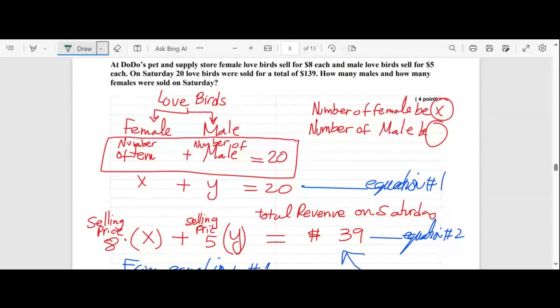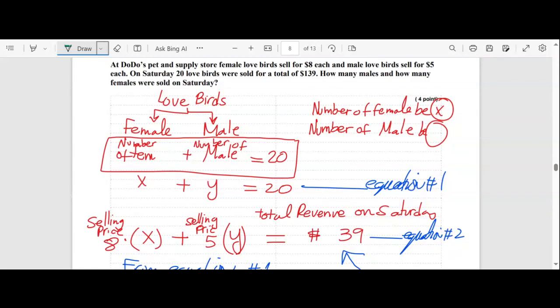On Saturday, how many birds were sold? 20 lovebirds, for a total of $139. So the cashier got $139 for 20 lovebirds. But we want to know how many male and how many female were sold, the number of female birds and the number of male birds.